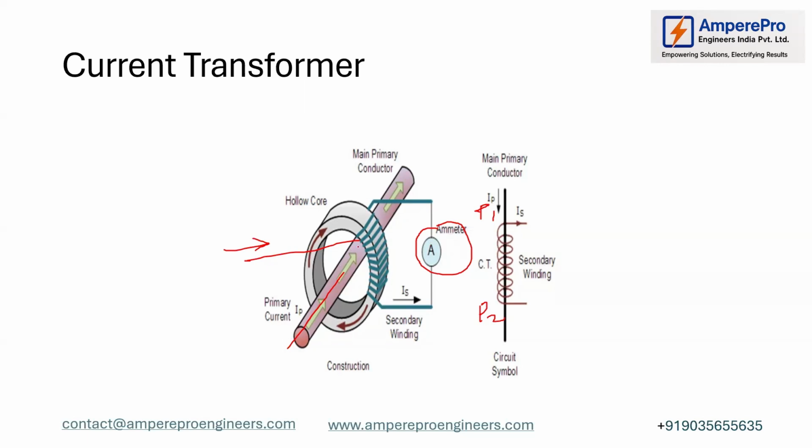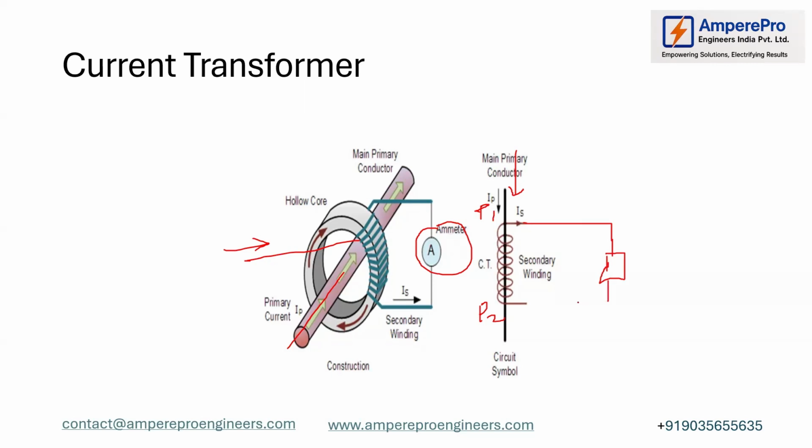Now you may ask how the current may flow. That's why in our drawing we need to mention that wherever the primary current enters, the current leaves in that direction. Then it goes to the instrument or whatever equipment is connected.